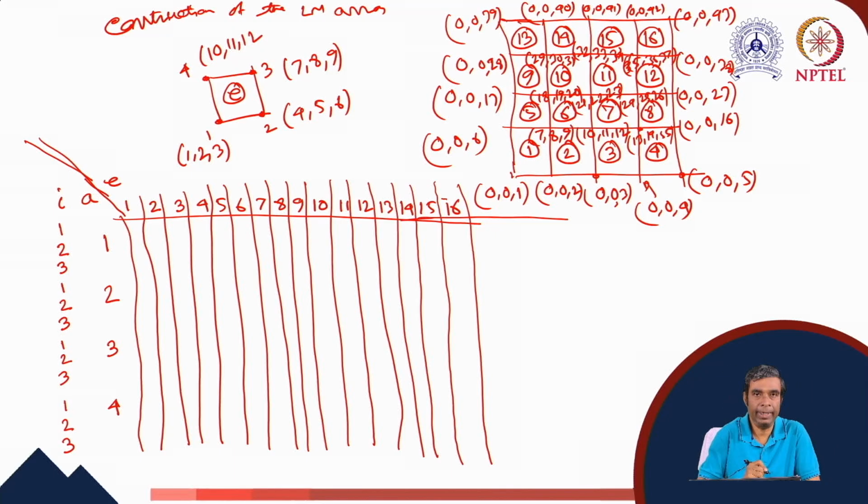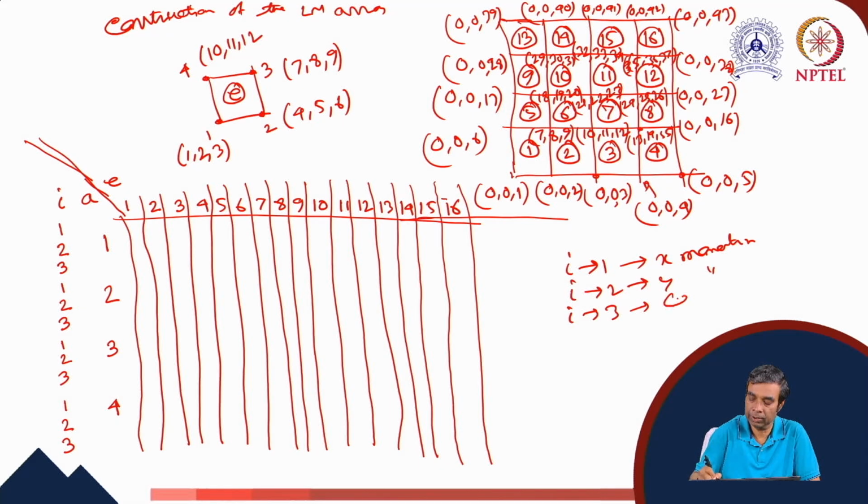So I is the degree of freedom. I equals 1 gives you x momentum. I equals 2 gives us y momentum. I equals 3 gives us the continuity equation. So here I equals 1, 2, 3 we have defined.